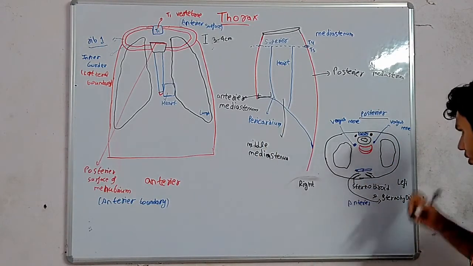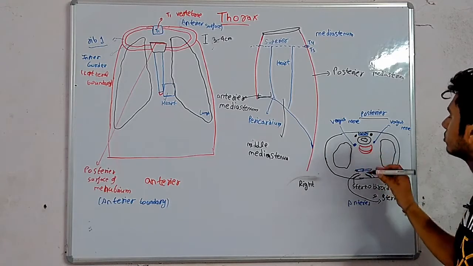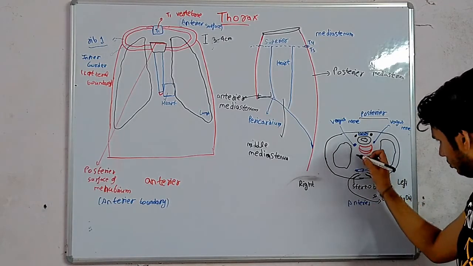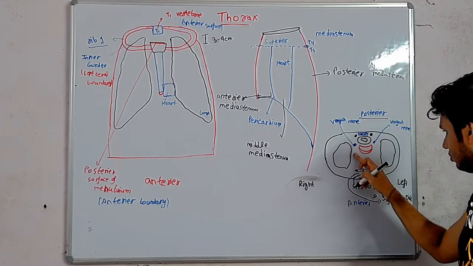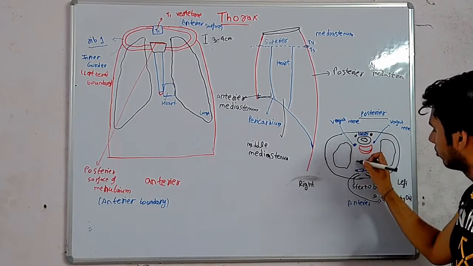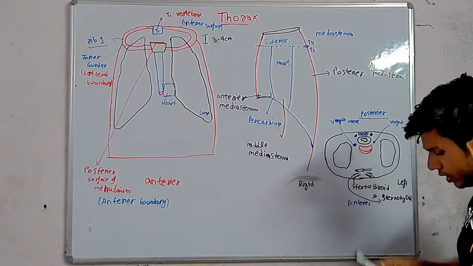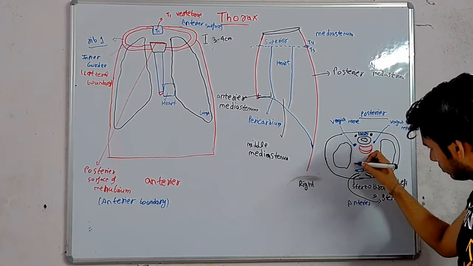So we know the major arteries, like the brachiocephalic trunk on the left side, which divides into two arteries.